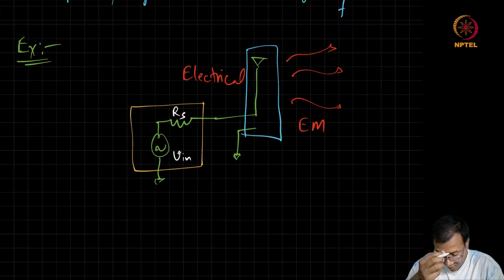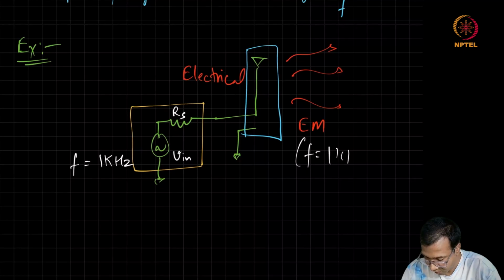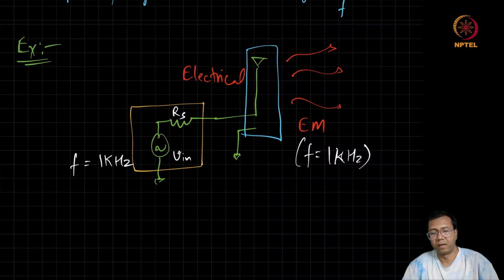So let's say we are talking about an audio signal. If it is at around 1 kilohertz, then accordingly we can easily see that this 1 kilohertz electrical signal is going to give rise to an electromagnetic wave, which is also going to be at the same frequency of 1 kilohertz, because the antenna is a simple linear device. Okay, it takes the input and then converts it to a different form without changing its frequency.